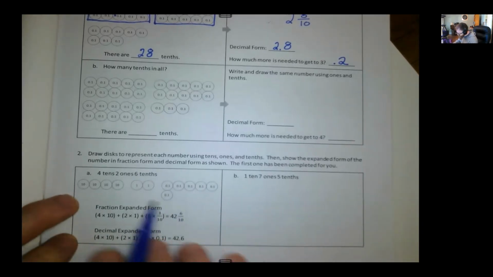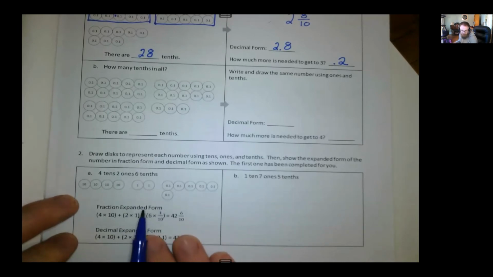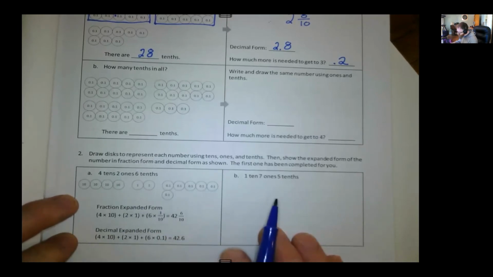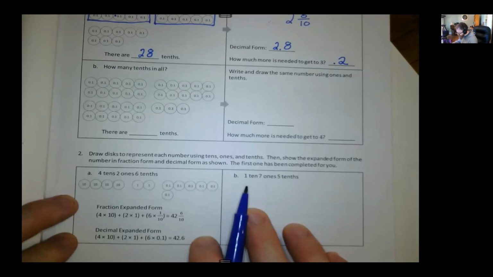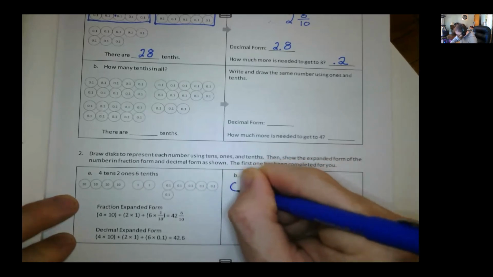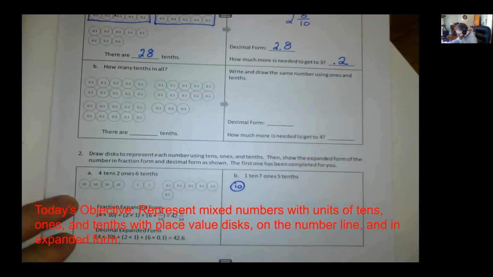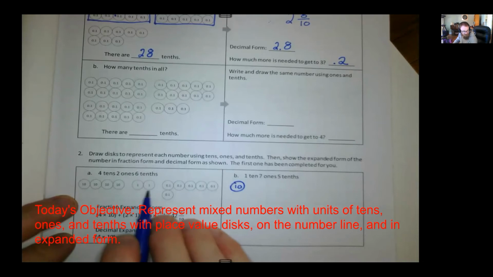All right, this first one is completely done for us. So we can use part A to help us complete part B. Start with the tens. Here, they show 4 tens. We only have to show one here. So that's one circle with a 10 in it. You should be writing just like me. In part A, they have 2 ones.